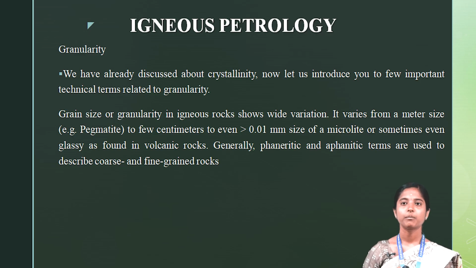It varies from a meter size, for example pegmatite, to a few centimeters, to even less than 0.01 millimeter, microlitic or sometimes even glassy, found in a volcanic rock. Generally, phaneritic or aphanitic terms are used to describe coarse and fine-grained rocks. Aphanitic and phaneritic, both words are very important.